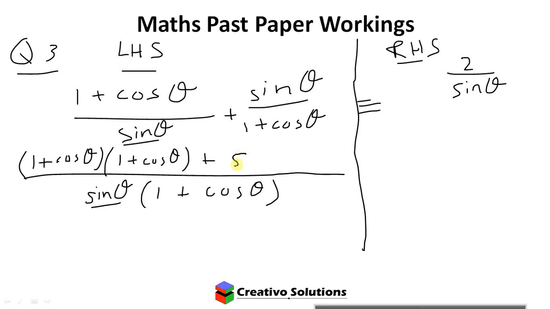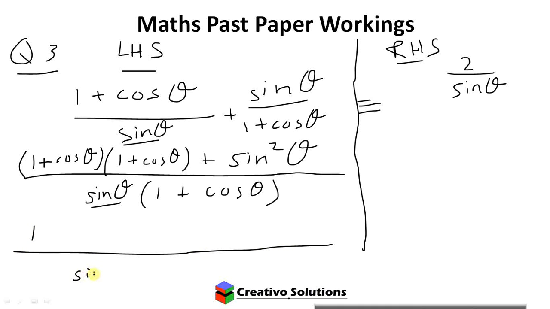Sine times sine is sine squared. Now can I multiply this out? Yes, I can. 1 times 1 is 1. 1 times cos is cos. Cos times 1 is cos, so then I have plus 2 cos theta.